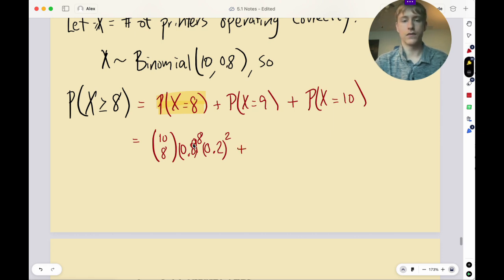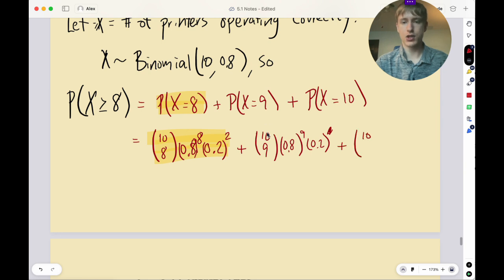The probability that x is equal to 9 is going to be 10 choose 9 times 0.8 to the 9 times 0.2 to the 10 minus 9. So that's 1.